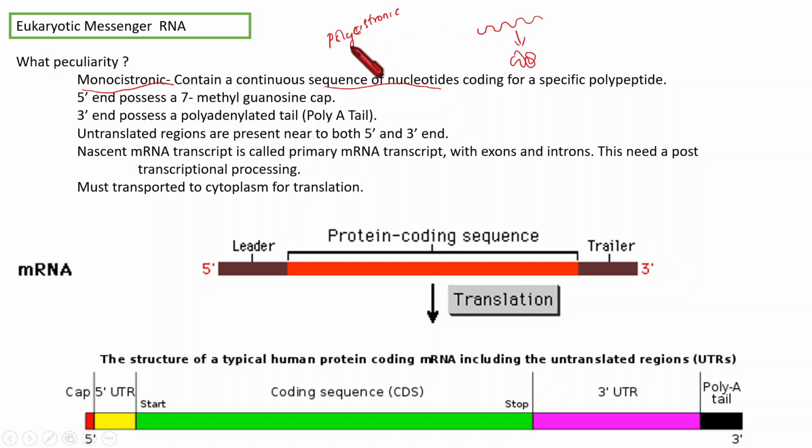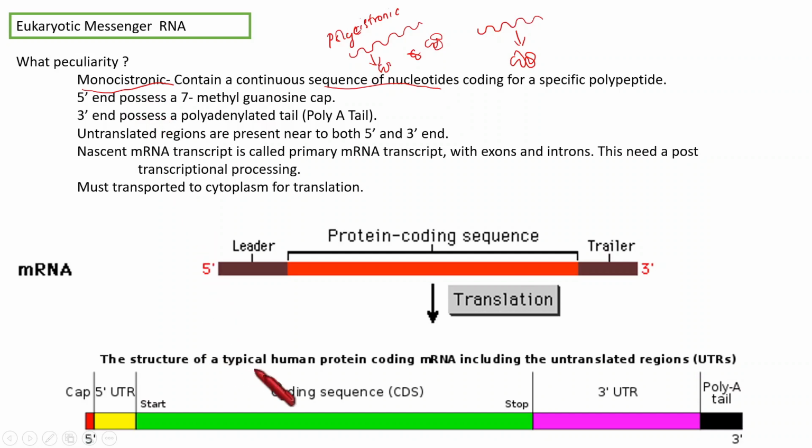Then what is polycistronic? Polycistronic mRNA contains a continuous nucleotide sequence that is capable of coding for multiple polypeptide chains. So in the case of eukaryotes, the mRNA is monocistronic.